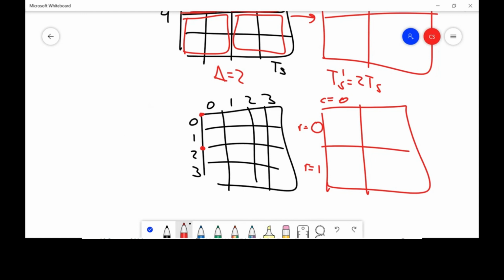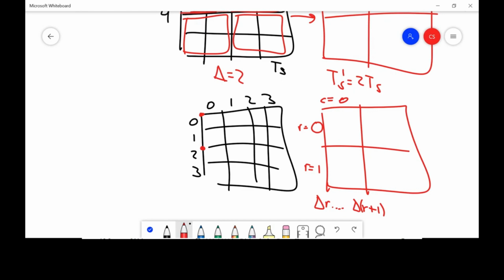Then I have to go from delta R to something. So who is this something? Relatively easy is to say you're going from delta R to delta times R plus 1. But if we think of that, to compute the pixel 0, I would also be including 0 plus 1 times delta, that is pixel 2. So I would be going 0, 1, 2.